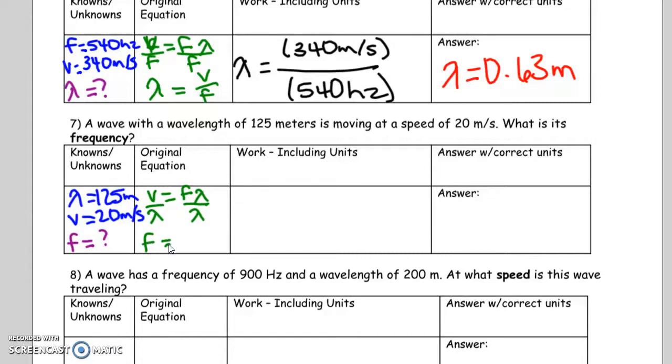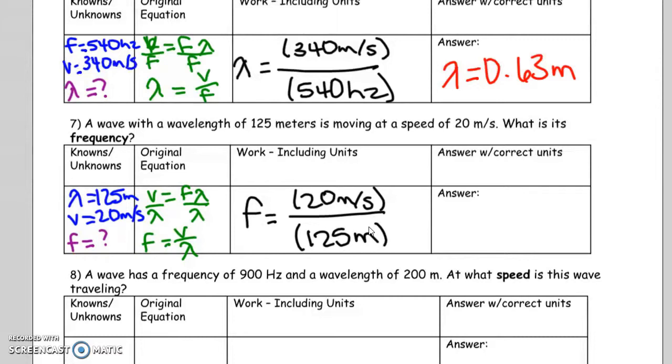Gives me f equals v over lambda. Showing my work now. f equals 20 meters per second divided by 125 meters. And I get out a frequency of 0.16 hertz.